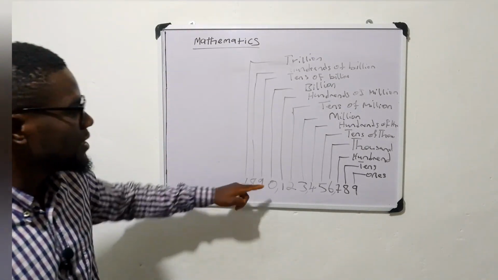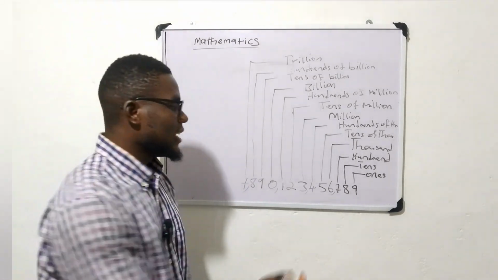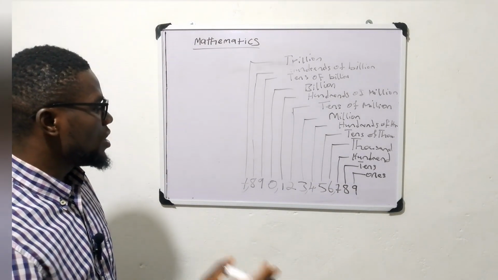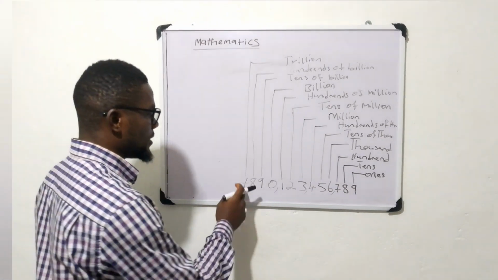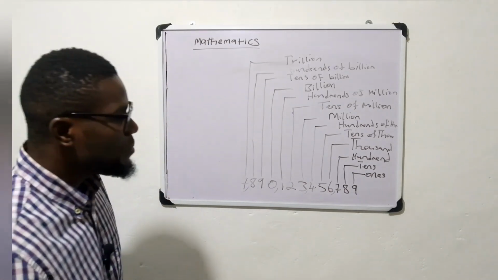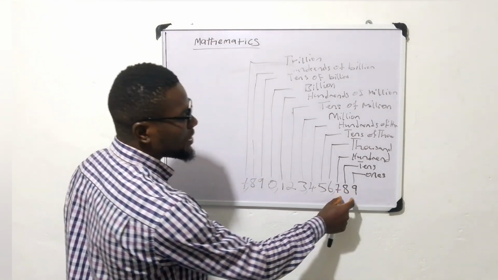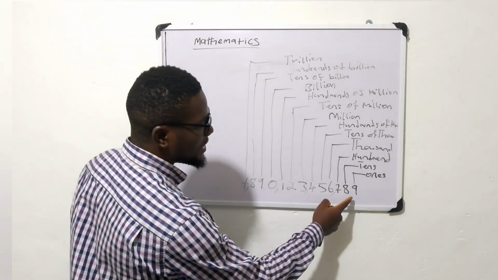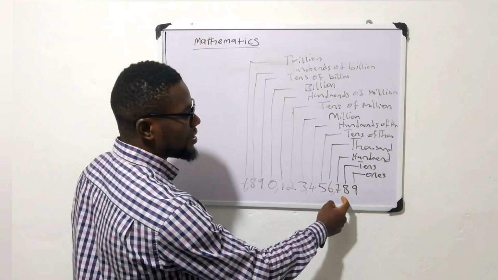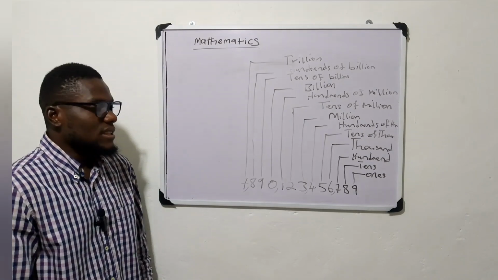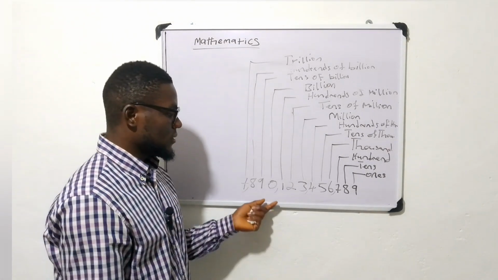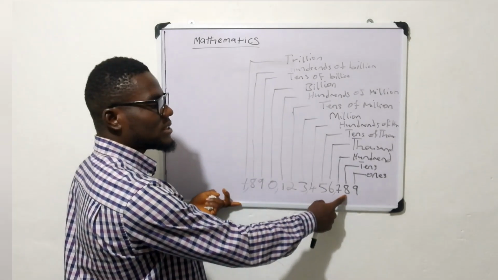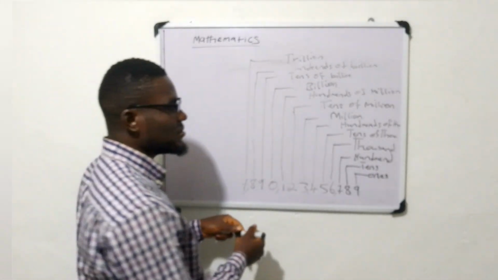So let's quickly read this number and identify the place value of each of them, and then proceed with other tasks ahead. Remember we grouped all these digits into three. I told you earlier that this is the ones position. We can even say this is just 9. But when we have something here, it is assumed that we have 10.